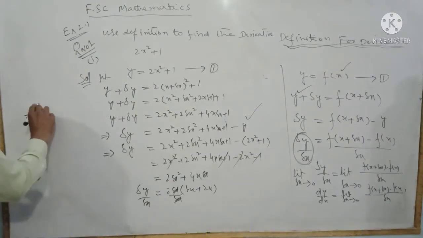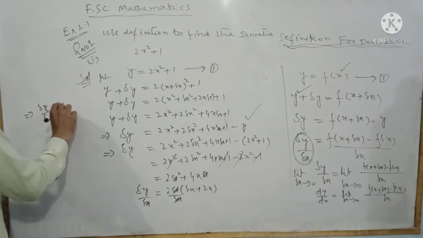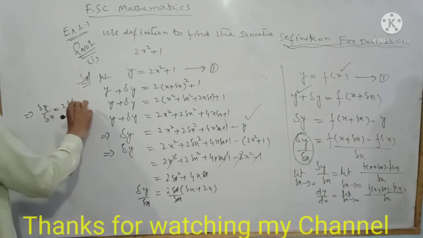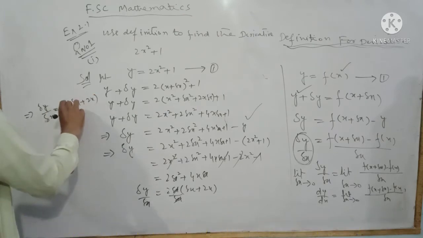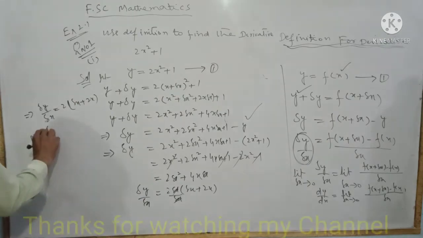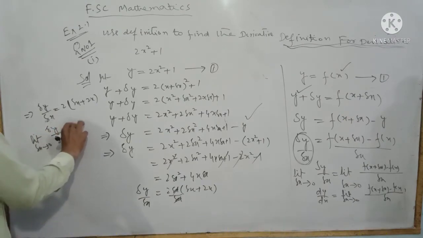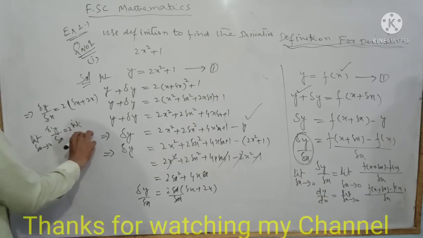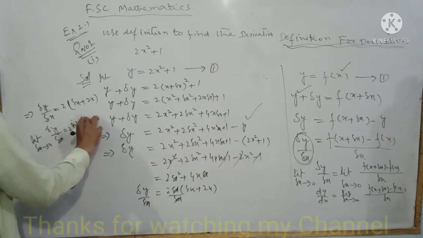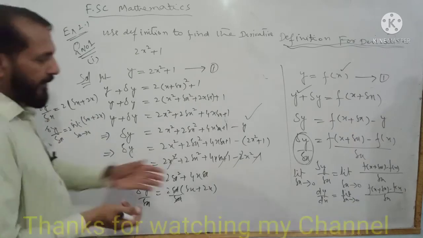This implies that del y over del x is equal to 2 into del x plus 2x. So we can take a limit on both sides, del x goes to 0, according to the definition of the derivative.